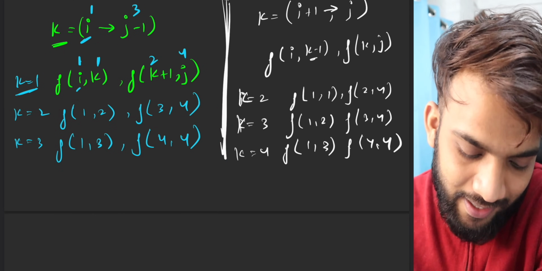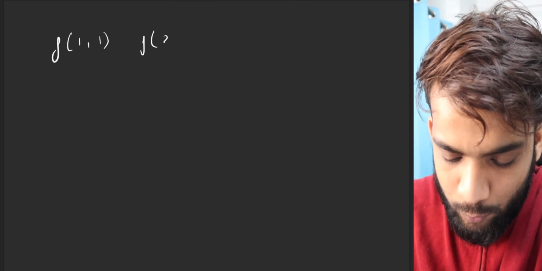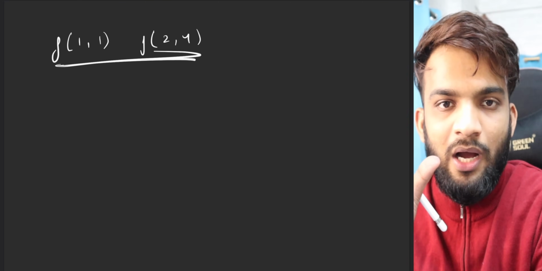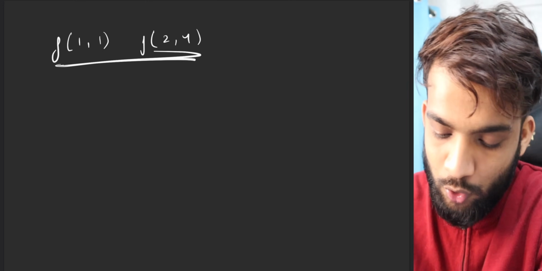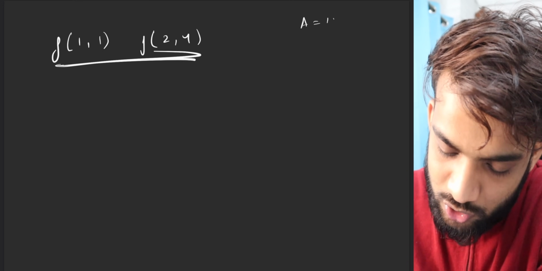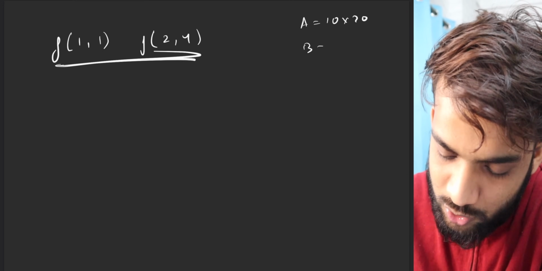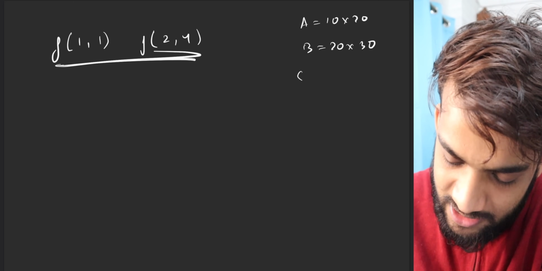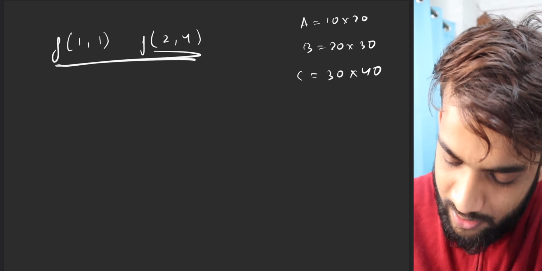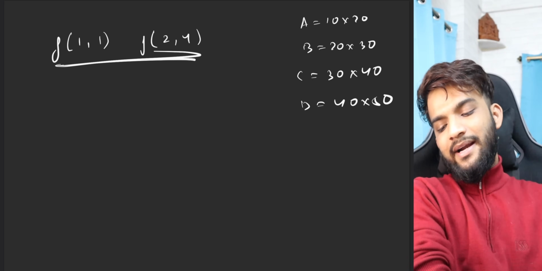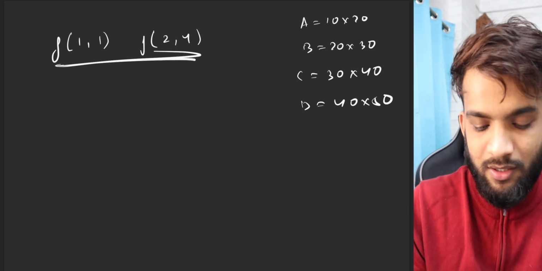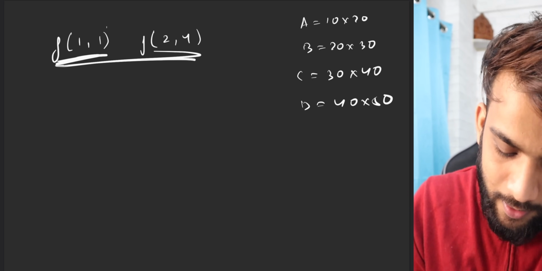So let's understand how much answer. If I do f of 1 1, f of 2 4, how much answer does this basically give me? So A was 10 cross 20, B was 20 cross 30, C was 30 cross 40, D was 40 cross 50, correct? So we had 4 matrices, and this was f of 1 comma 1.